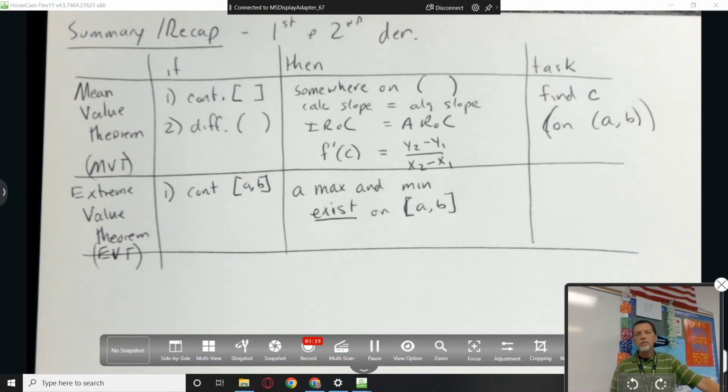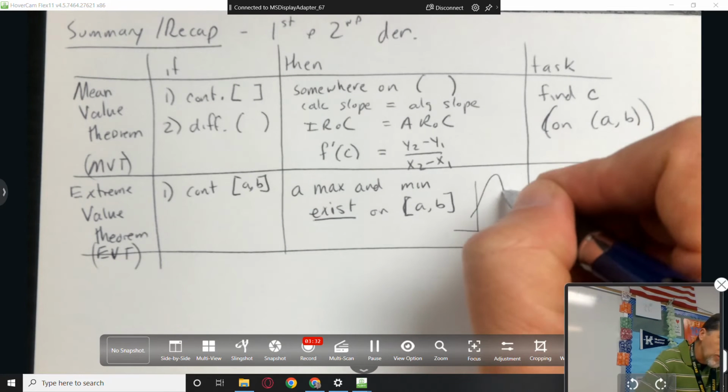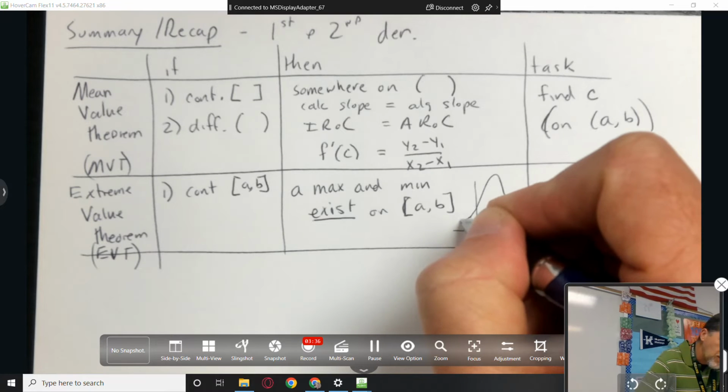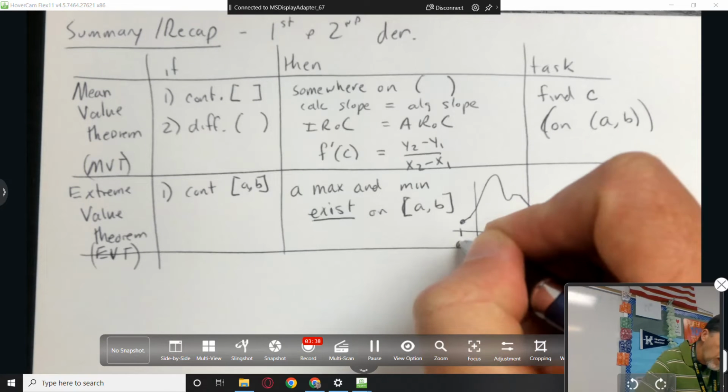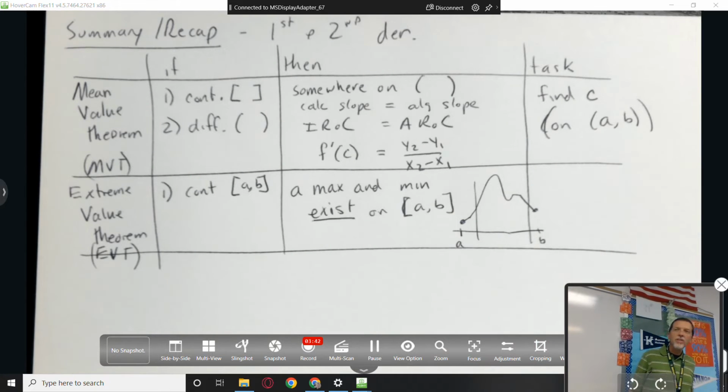And the conclusion is there's a max and a min somewhere. It's kind of a dumb theorem. So as long as you have a continuous function, it can start and stop and do all sorts of weird things. But as long as it's continuous, you're guaranteed to have a maximum and a minimum.